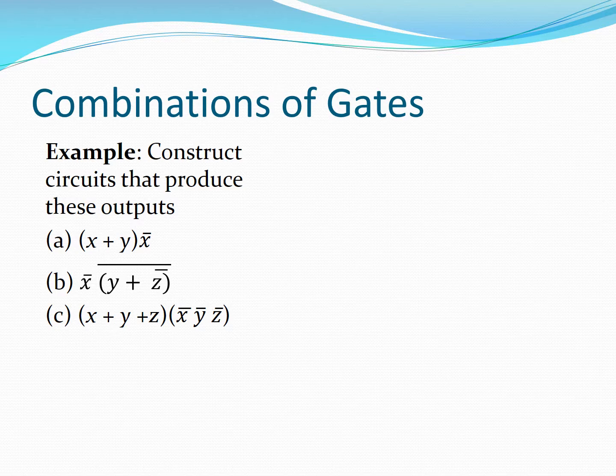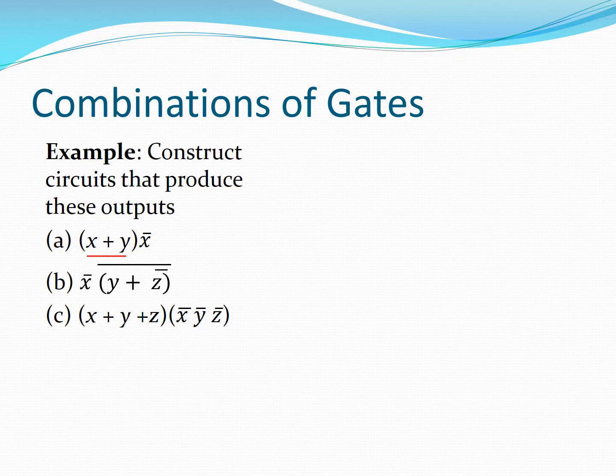Here are some exercises that I want you to work on and produce the gates. The first one is taking x and the sum of x and y, so you need an OR gate to represent this.